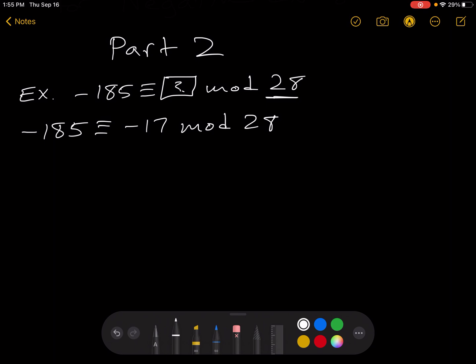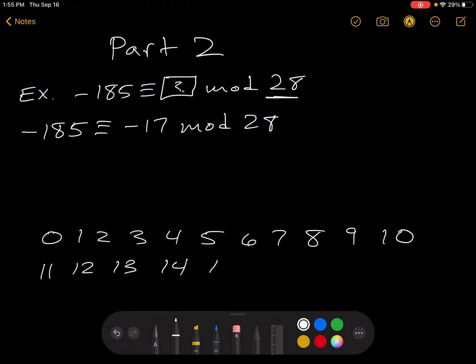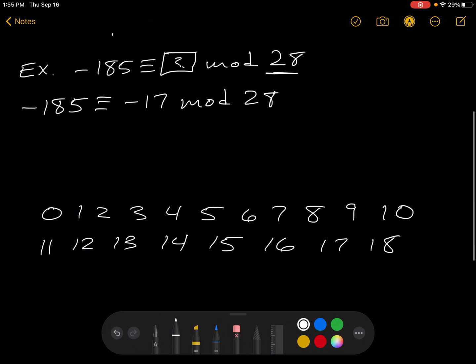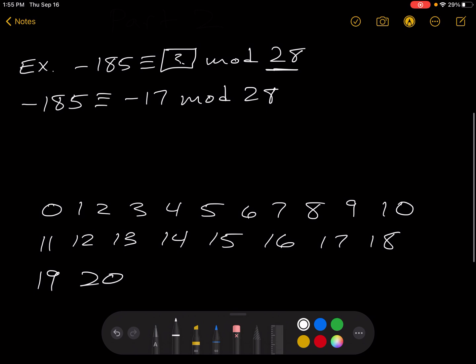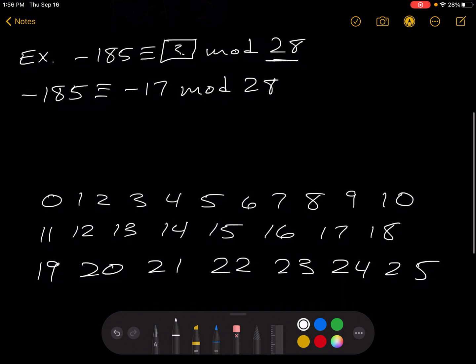So let me do that. You've got 0, 1, 2, 3, 4, 5, 6, 7, 8, 9, 10, 11, 12, 13, 14, 15, 16, 17, 18, 19, 20, 21, 22, 23, 24, 25, 26, and 27. I'll write over these in red.